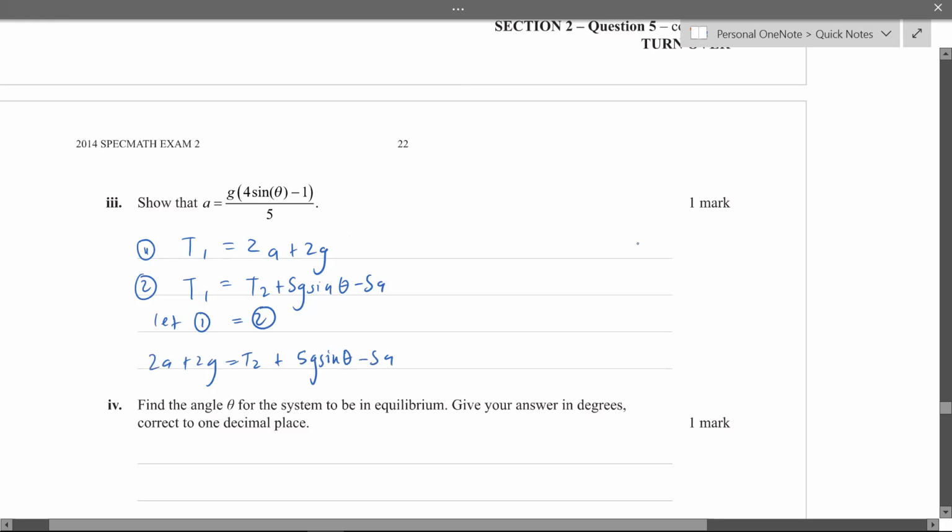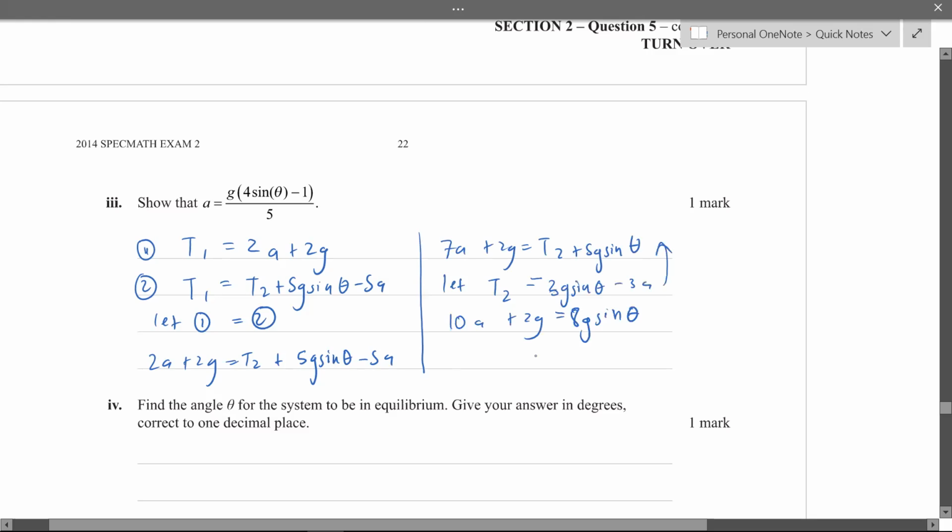And then from the 3 kilogram motion equation from the previous page, you can let T2 equal 3g sine theta minus 3a, and you can sub that into here. And if you simplify it a bit, you just get this, and then you can see that you've already got your answer, and you just get what they ask you to find.